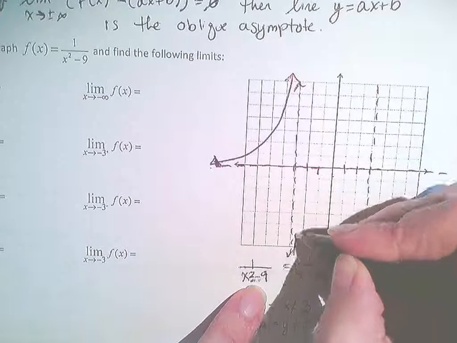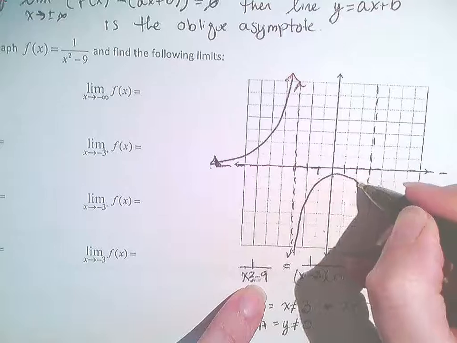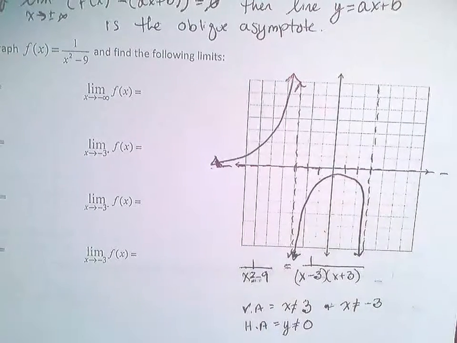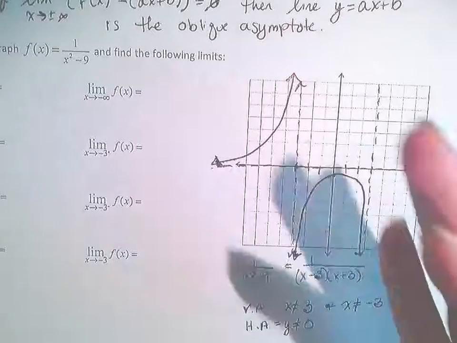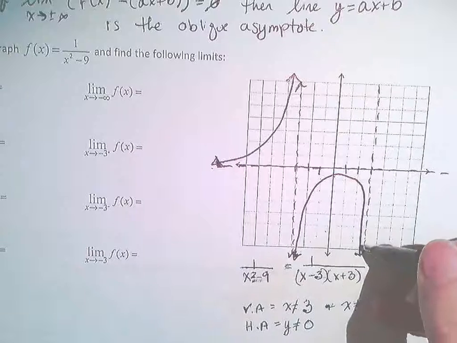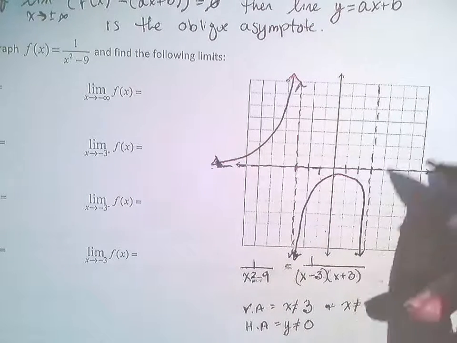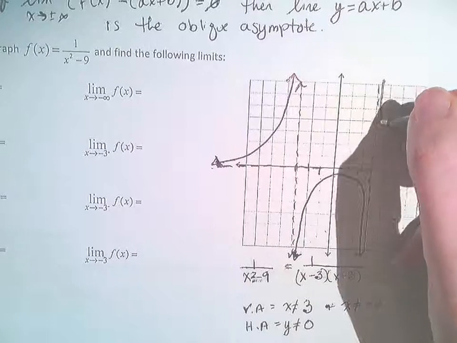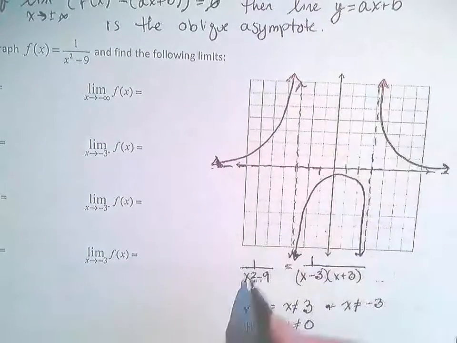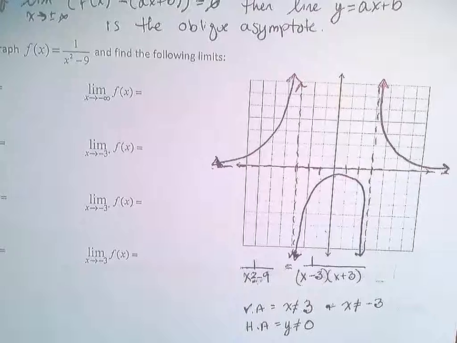So what that tells me is that the center is just a parabola that hugs the asymptotes and just underneath the horizontal. And then if this end behavior is going down, that means the next end behavior is starting up here because the degree is bigger on the bottom. So there's my graph.